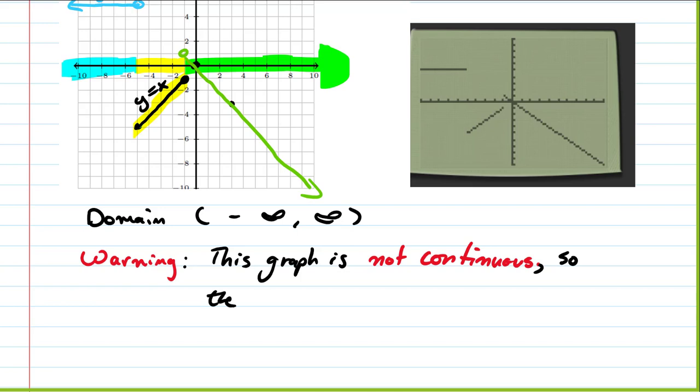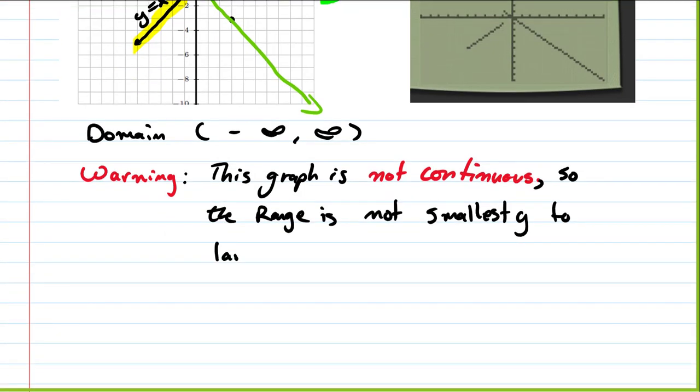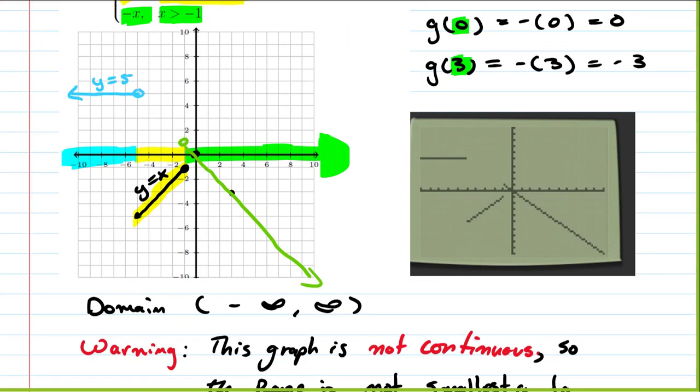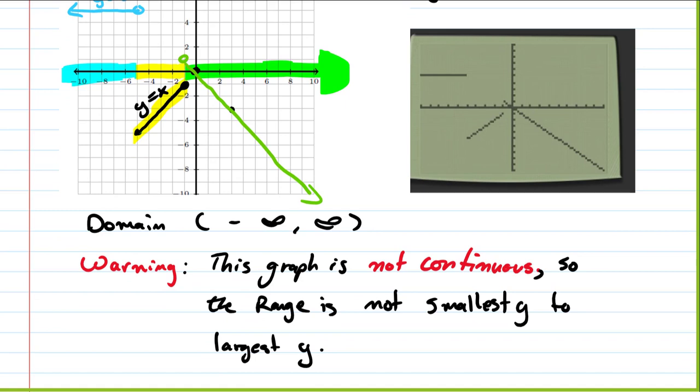So the range is not smallest y to largest y. So remember, that rule only applies to continuous functions. So now we have to look at our range as what output values does our graph actually make it to.